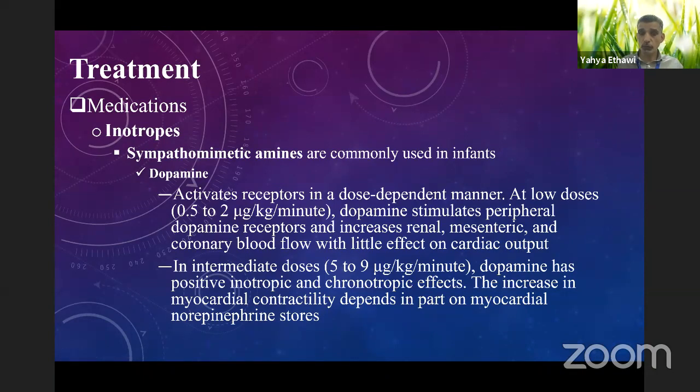If it's a low dose, between 2 to 5 mcg per kg per minute, it stimulates the peripheral dopamine receptors. It increases the renal, mesenteric, and coronary blood flow because it causes a little bit of vasodilation. When you increase the dose, it has more inotropic and chronotropic effect, and increases cardiac contractility and the rate, because it's more like norepinephrine. It depends on the norepinephrine store.